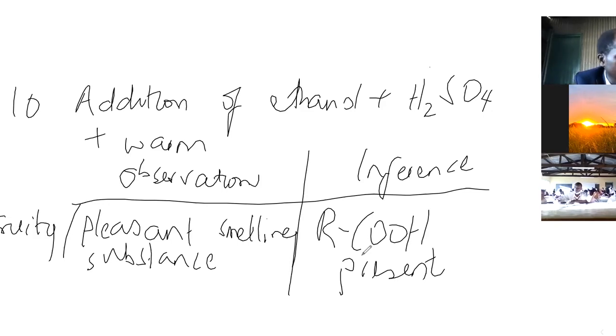Now that test number 10 brings us to the end of the chemistry paper 3 talk. And at that point, just to mention that this is a paper that we have seen over the years, candidates scoring very high marks, as high as 39/40, year in, year out.